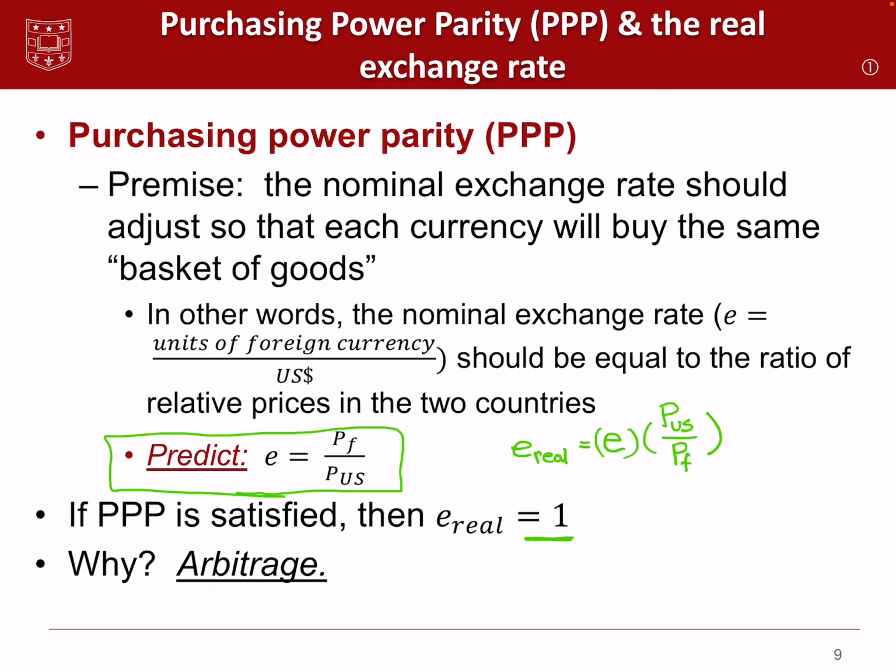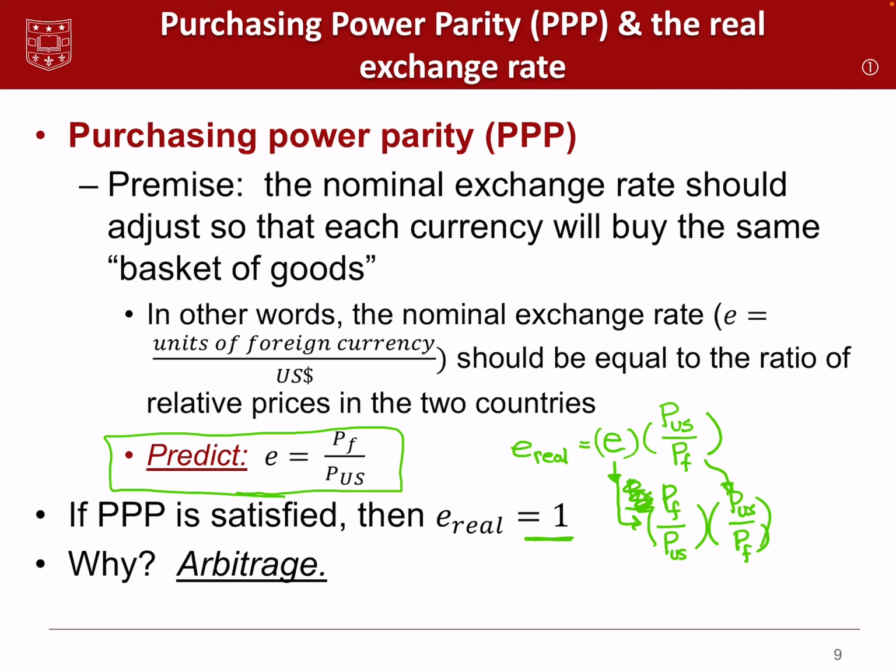And if it is the case that the nominal exchange rate correctly reflects those prices, then the nominal exchange rate would be the average price level in the foreign country relative to the average price level in the US. To get the real exchange rate, we would then be multiplying by this. So that's that part, and this is this part. And of course, everything cancels out, and we're left numerically with 1.